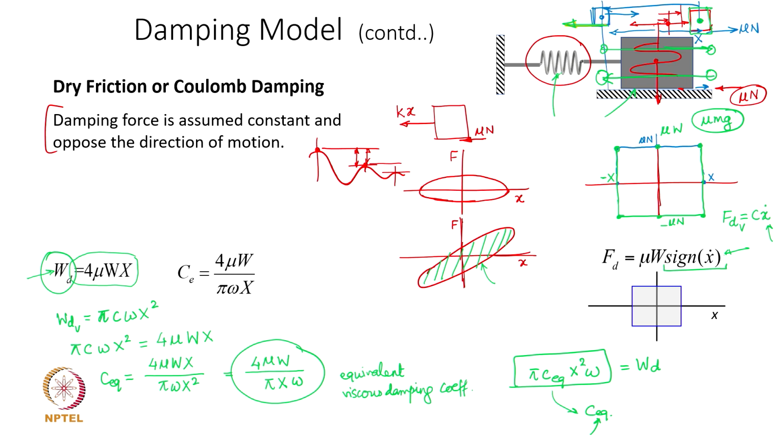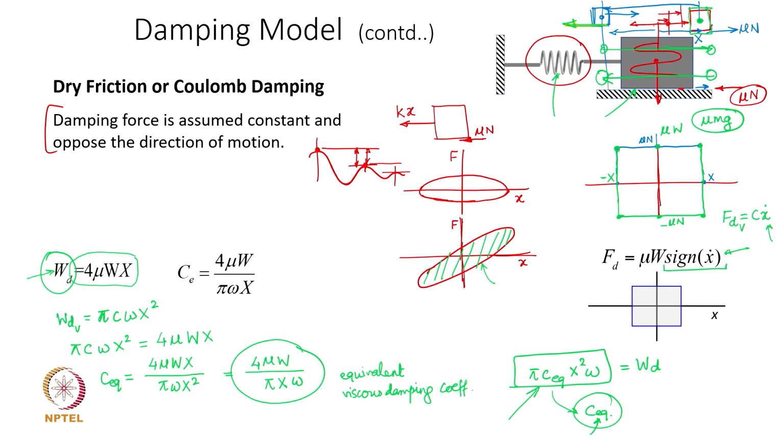So, if you practically measure this, all kinds of damping mechanisms will contribute to the dissipation, and if you equate it with this particular expression, then we get an equivalent damping coefficient, and you can use that in the standard theoretical expressions of the system with viscous damping to get the value of the response easily.